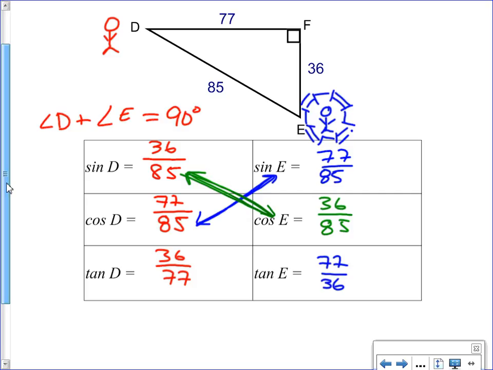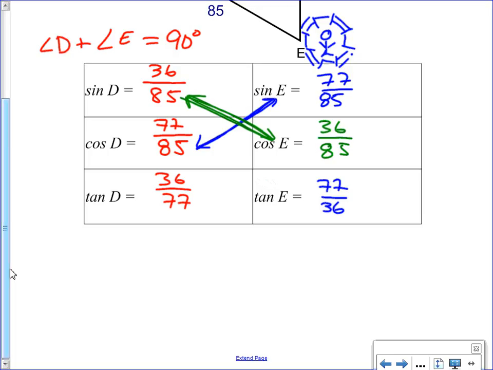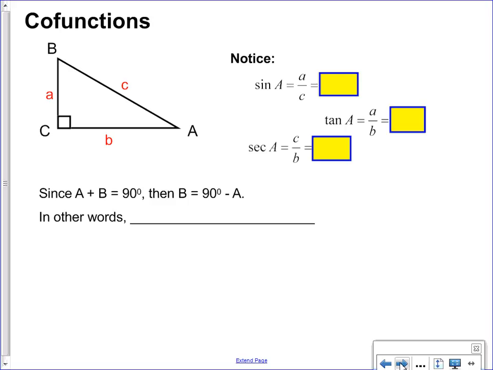Notice that the sine of one was the cosine of the other and vice versa. And the tangent of E is equal to the cotangent of D. That gives us the two relationships that we're looking for. So, for example, in this one, that's on the back page.